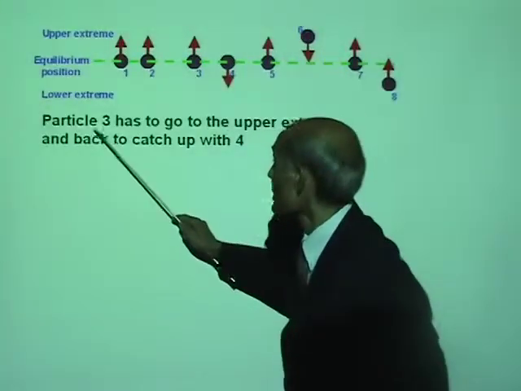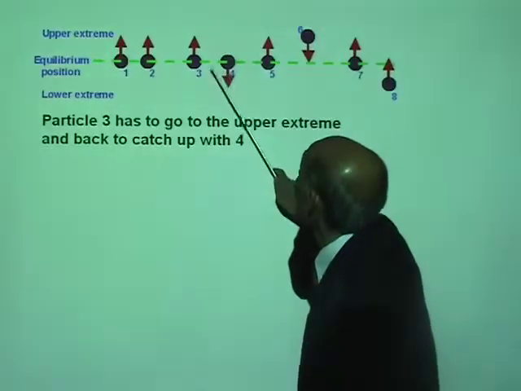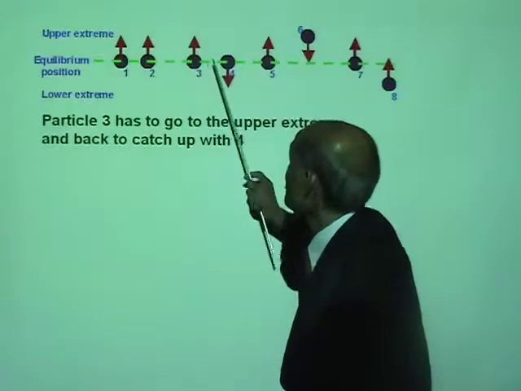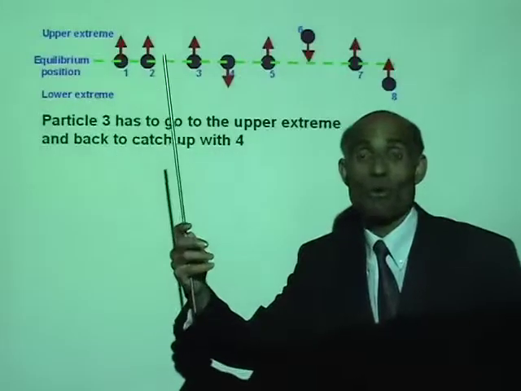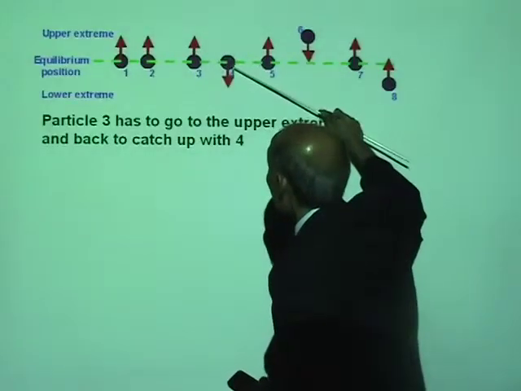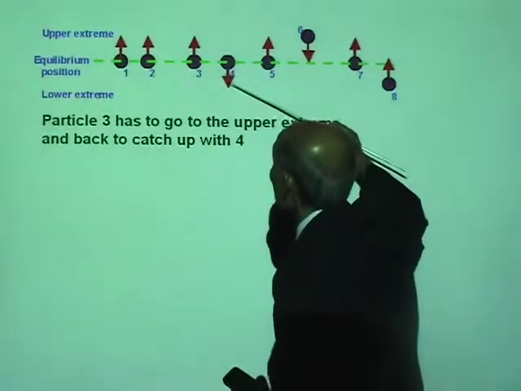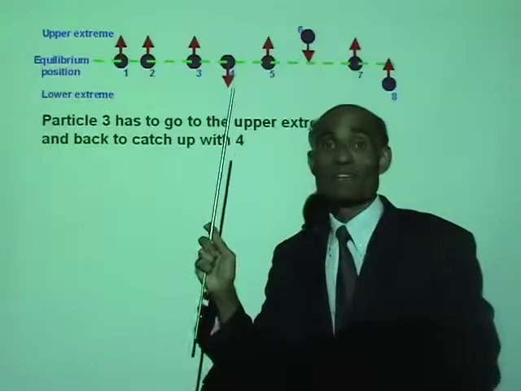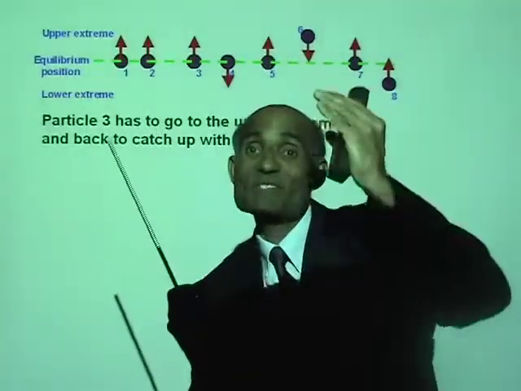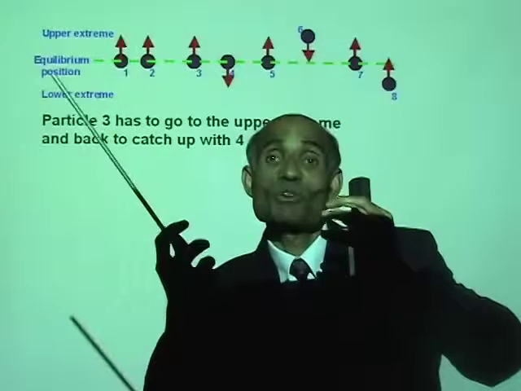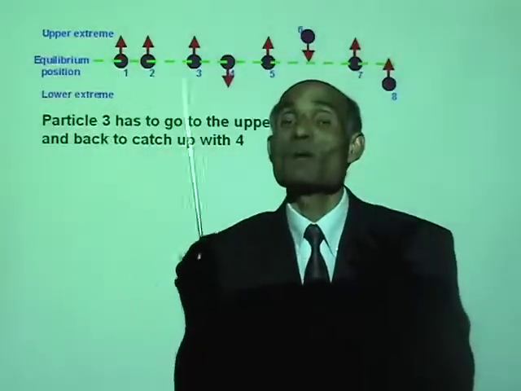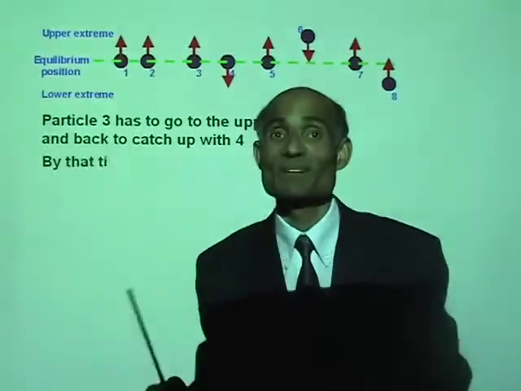So particle 3 has to go to the upper extreme and back to catch up with particle 4. But by the time particle 3 does that, particle 4 goes to the lower extreme and comes back. You see, that means particle 3 is always trying to catch up with particle 4. Particle 4 is ahead of particle 3. By how much? By half a period.